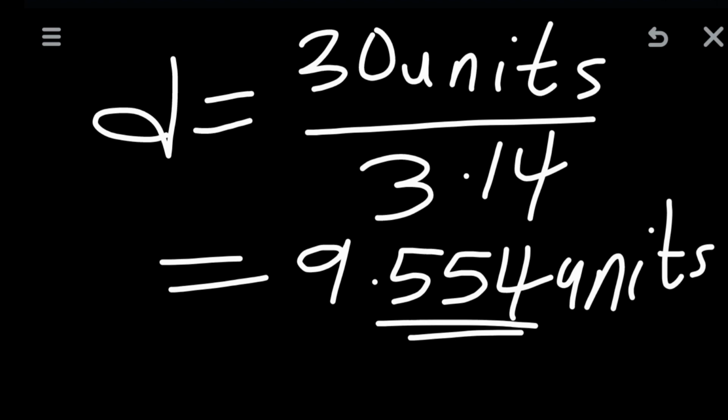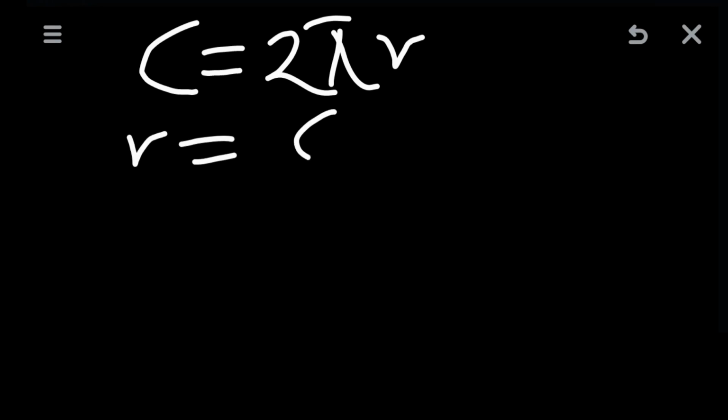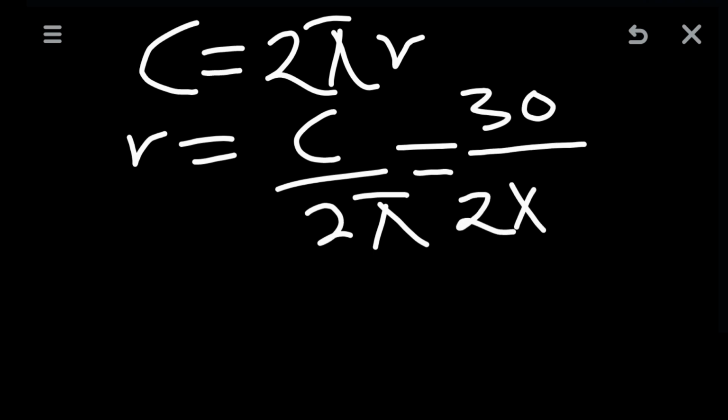Another way we can solve this is C will then be equal to 2 pi r. And this can be written as r equals C over 2 pi. To input this value, we have 30 units over 2 multiplied by the constant 3.14.